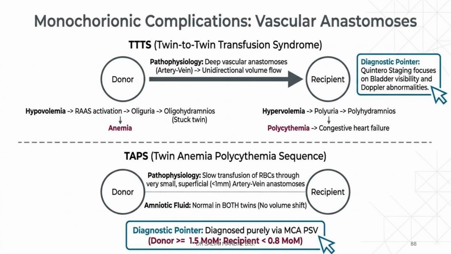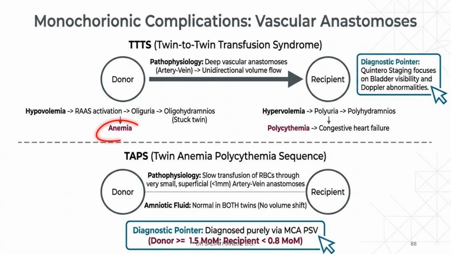So what are the complications that can come in multiple pregnancy? Remember, monochorionic, we are going to have a twin transfusion syndrome. There is going to be deep vascular anastomosis, artery to vein, and unidirectional volume flow from donor to recipient. So what happens in donor?